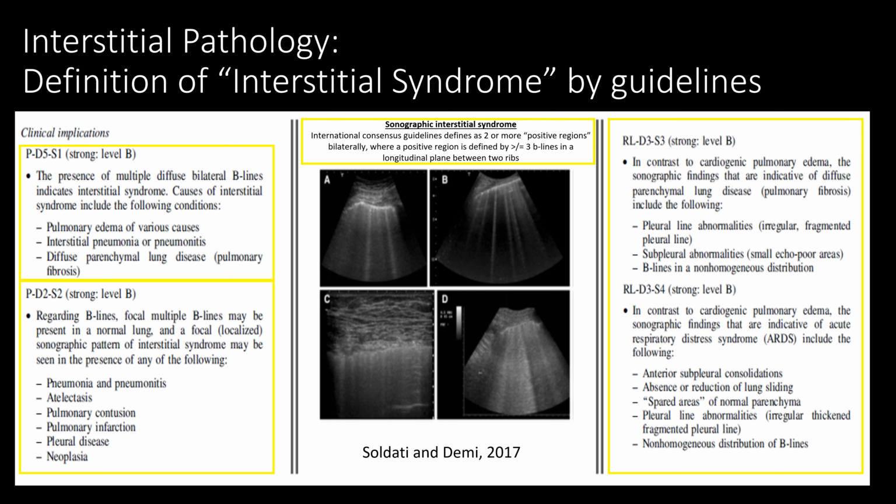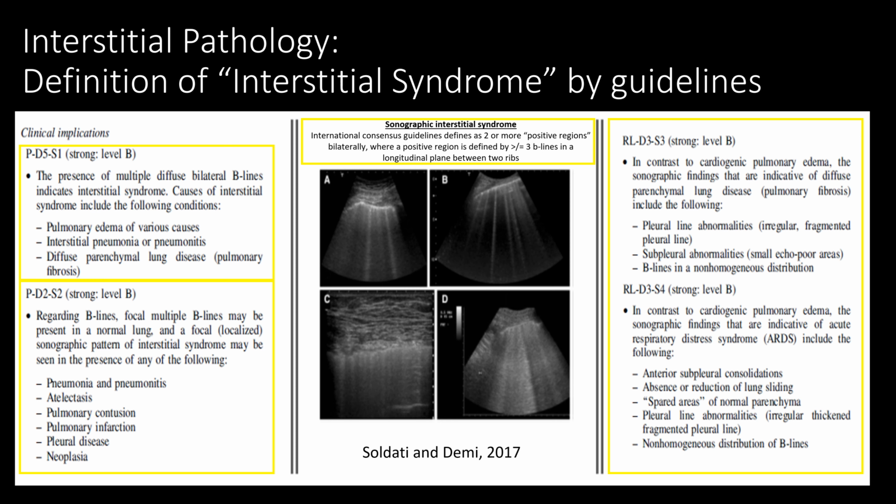In particular, in cardiogenic pulmonary edema, as we talked about in the pleural line assessment, the pleural line should be regular and smooth, and this can be seen here in image B, versus interstitial lung disease, where the pleural line tends to be fragmented or irregular, and this can be seen in image D here. And also the B lines tend to be non-homogeneous. They tend to be a bit scattered and in only specific areas, as can be seen in image C.